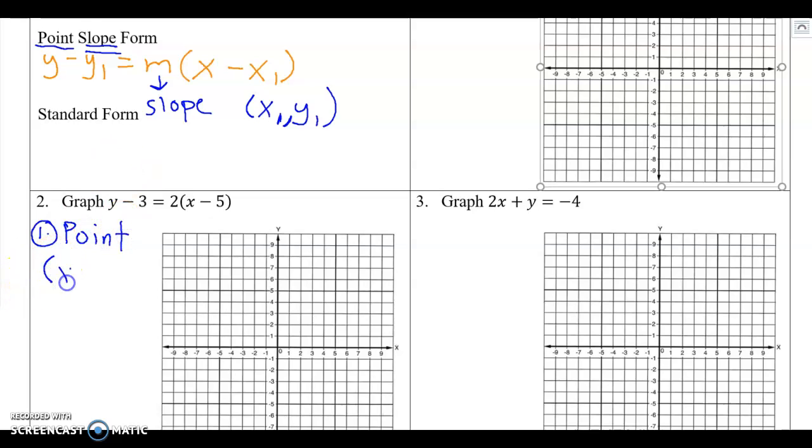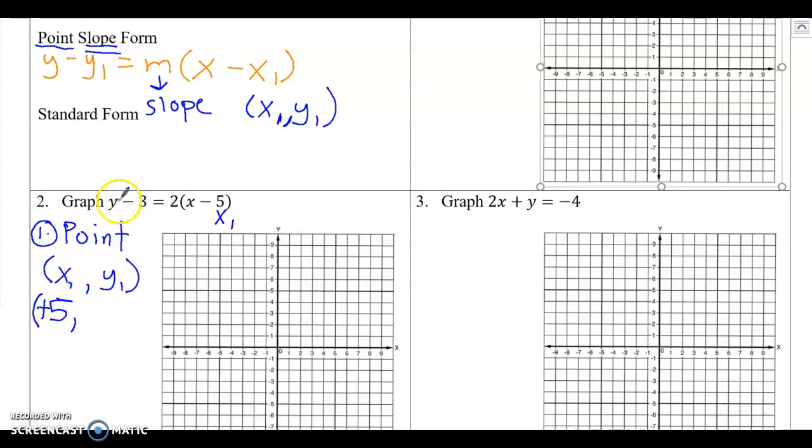And the point is x1, comma, y1. See how this says minus x1, and this says minus 5? So this is going to be a +5. When you pull the point out, it's going to switch signs. When I pull it out, it's going to become the opposite. So that's a +5.